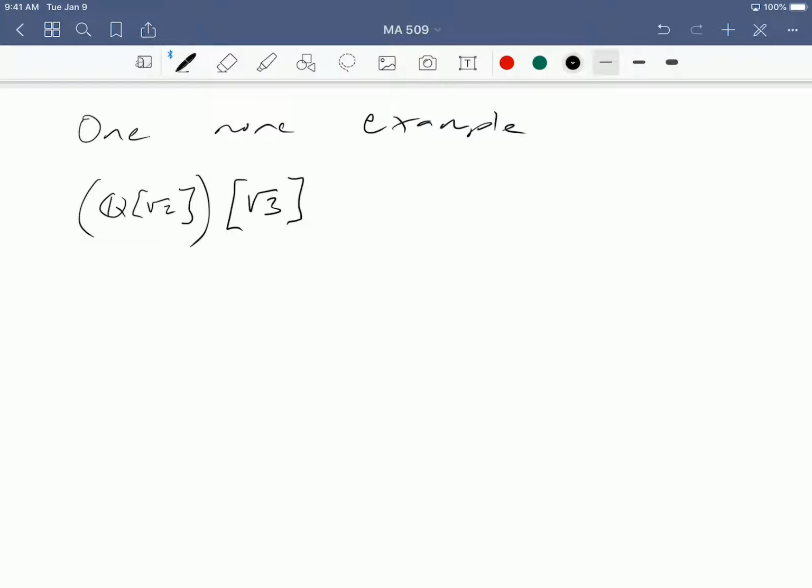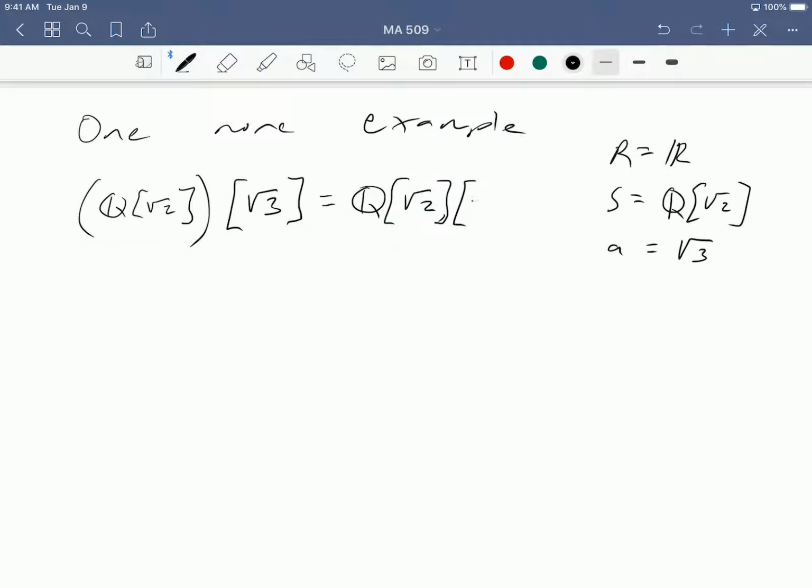Okay, so here my R is the real numbers, and my S is Q adjoin root 2. And then my little a, this additional element I'm going to add in, is root 3. So this is Q adjoin root 2 adjoin root 3. Sometimes we just write it like this, skipping the parentheses.